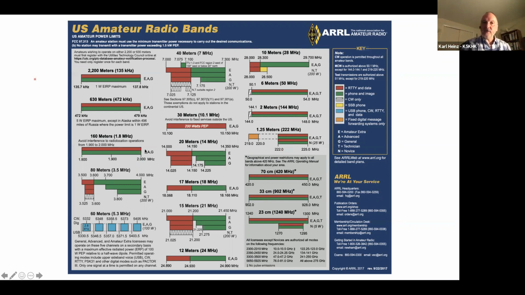Now we share this HF spectrum with a lot of other radio users. You find shortwave broadcast stations in the same areas in between the ham bands. So there's, for example, a 49 meter broadcast band, which is between 40 and 60 meters.